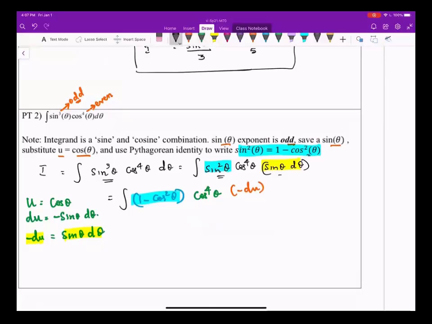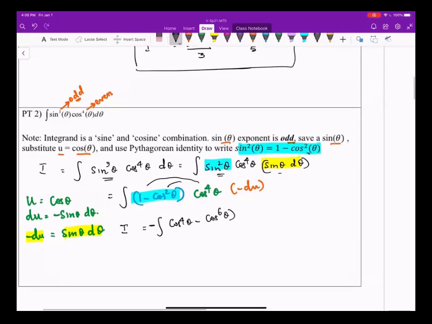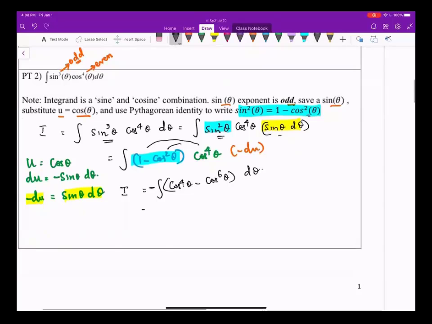So I can be written as the integral, and there is a minus sign that can be taken out entirely. Then you can distribute: cosine to the power 4 theta minus cosine to the power 6 theta d theta. If you don't want this minus sign, you can distribute the minus sign and make it cosine to the power 6 theta minus cosine to the power 4 theta d theta.